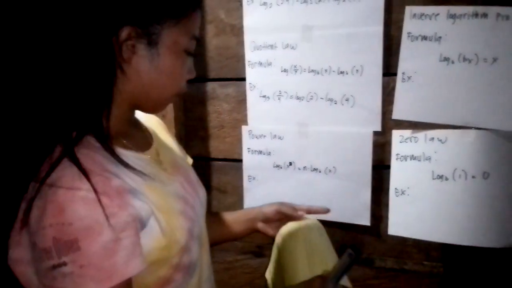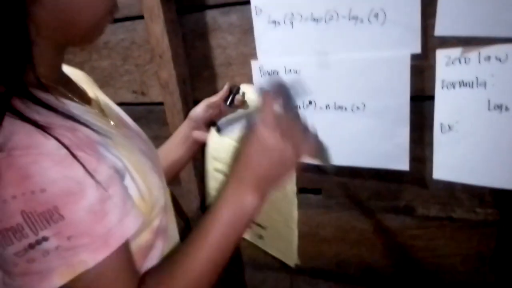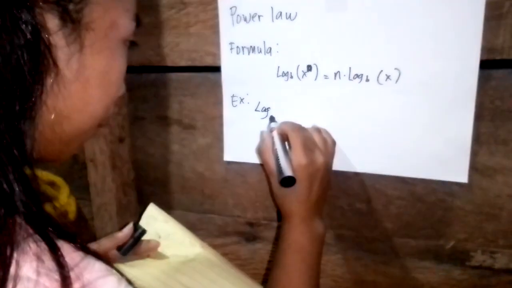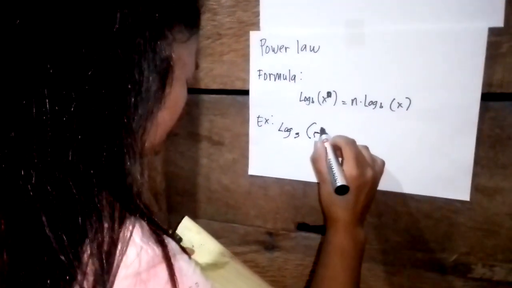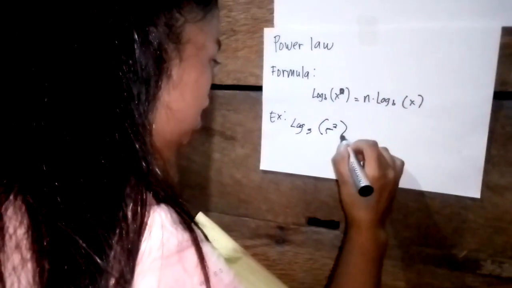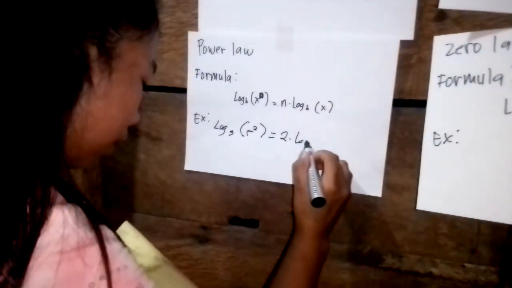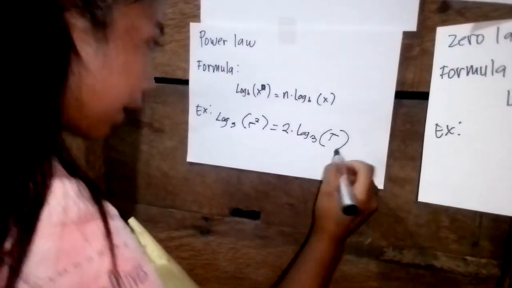Here is an example of the power law: log base 3 of 5 raised to the exponent of 2 is equal to 2 times log base 3 of 5.